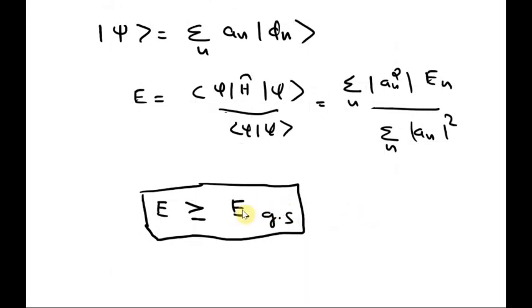How does that give an approximation for our ground state? Well, you calculate energy for a particular choice of your wave function, and you will have a set of E1, E2, E3, etc. for a particular choice of ψ.